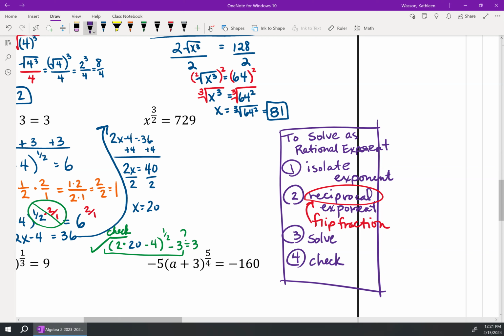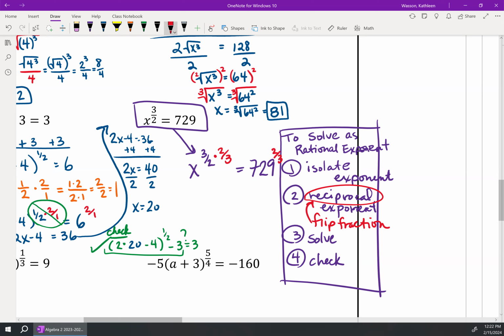So here I have another problem. Let's just do these steps that I just wrote, which is how I solved the last problem. X to the 3/2 power equals 729. To solve this problem, this is already isolated. So I do the flipped fraction exponent, the reciprocal. If I do this on the left side, I have to do this on the right side.